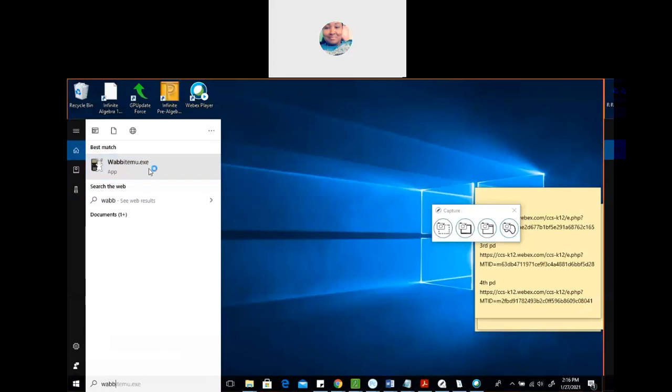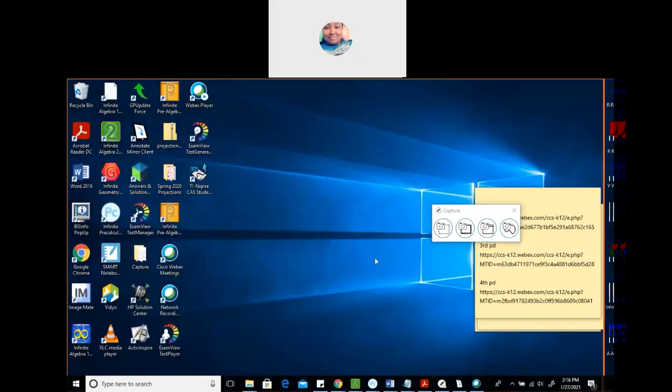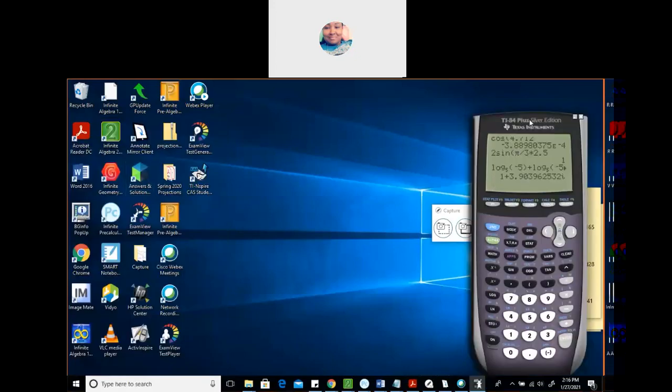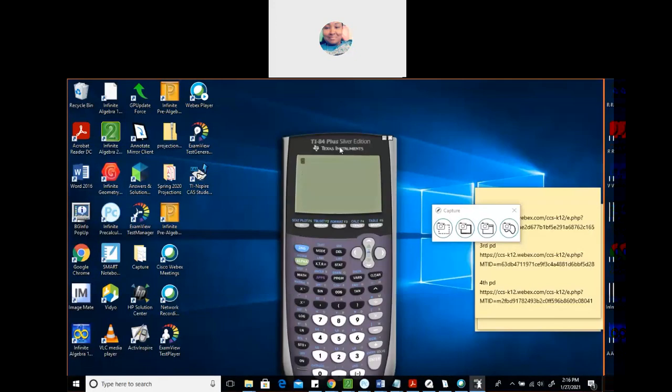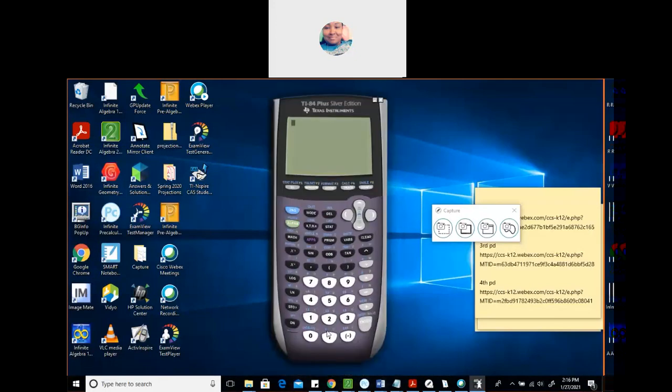I have mine up. On your calculator, i is right here. If you hit second i, it pops up. The thing about it is you definitely want to make sure it's in the right mode when you type it in. You have to hit mode and change it from real mode to a plus bi mode. If I keep it in real mode, it may not do it.